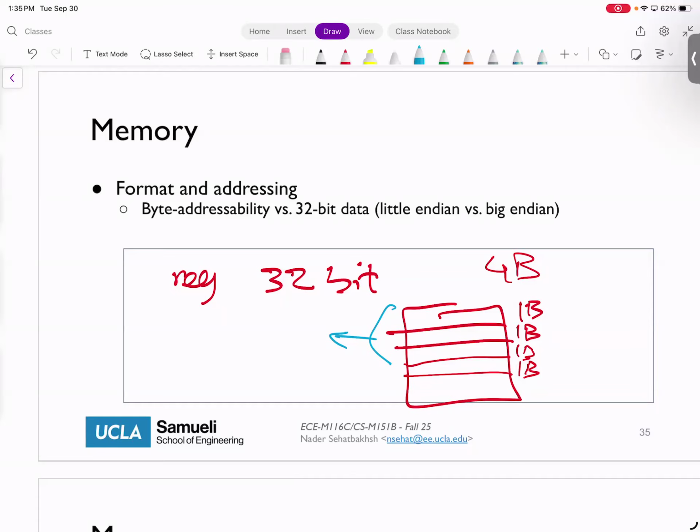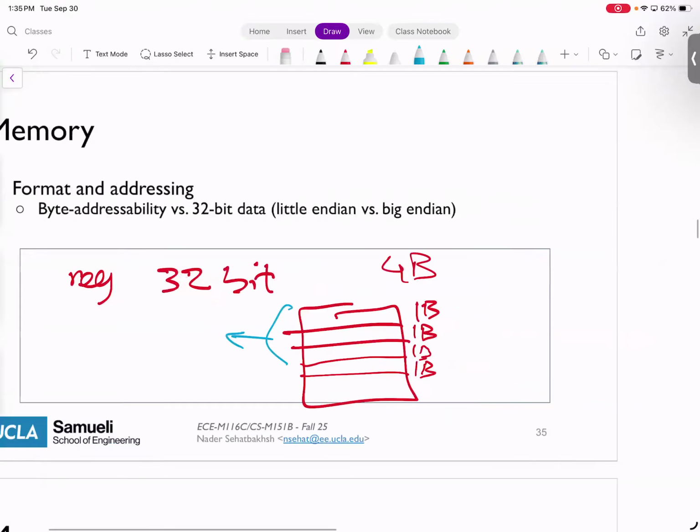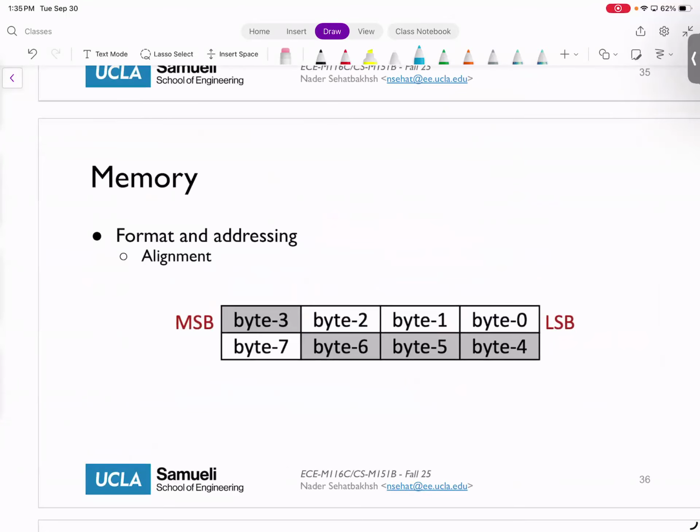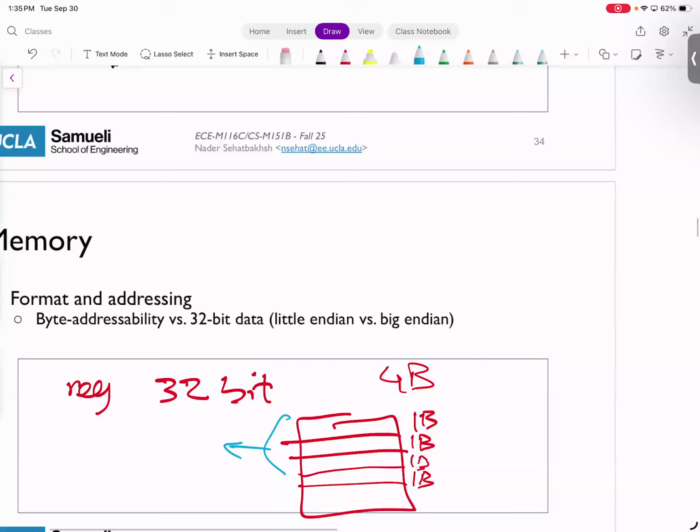From the CPU's perspective, this is still one load, but the way it's handled in hardware is that it's basically combining these 4 bytes together and giving you that 32-bit value. Okay? So if I have this, then the question becomes, how do I store these 4 bytes? The difference between them is what we call big endian versus little endian. So do I store it like this?